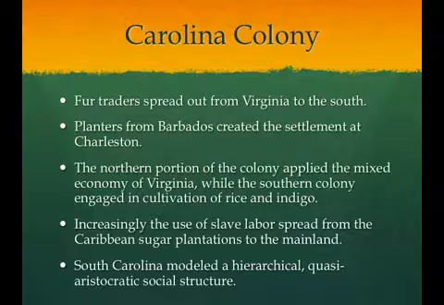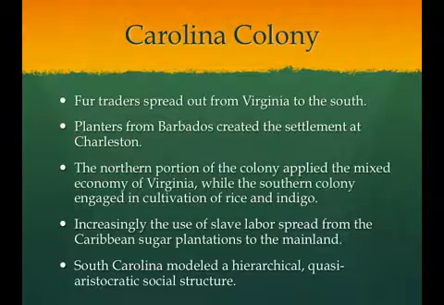The northern portion applied the mixed economy of Virginia, where we see some wheat farming, some fur trapping, some tobacco plantations, while the southern portion of the colony was almost all cash crop. It was rice, which was needed in the Caribbean to provide foodstuffs for folks who were running sugar plantations, for the slaves, and so forth, and indigo, which was a dye and just a pure cash crop.